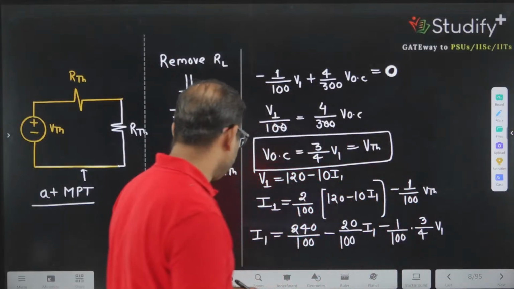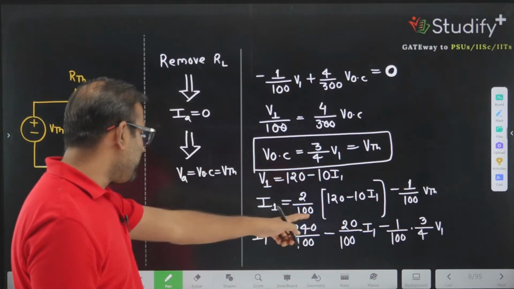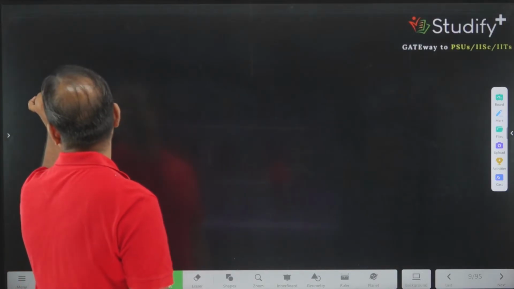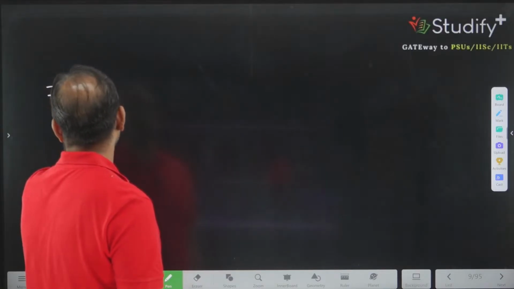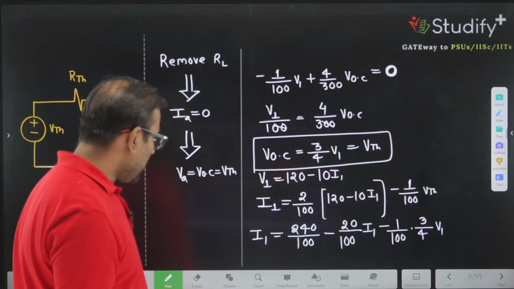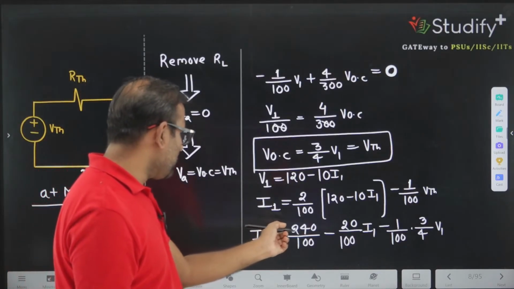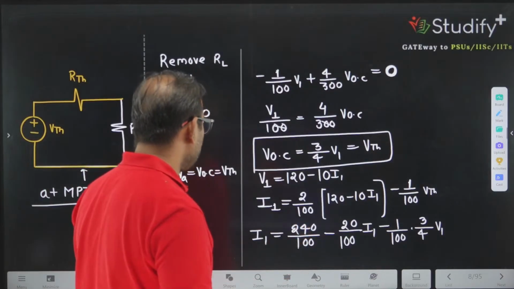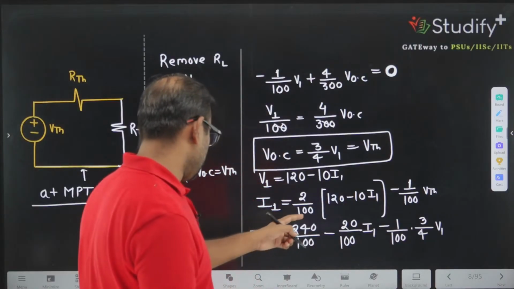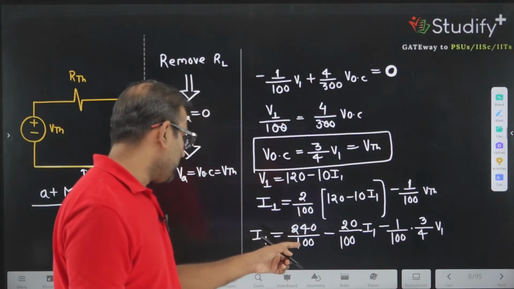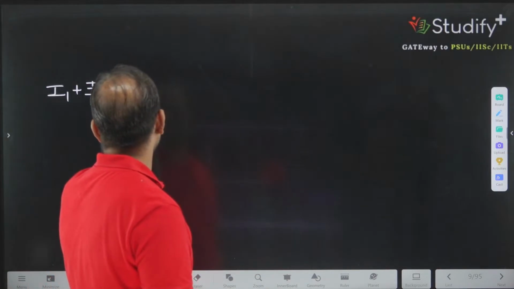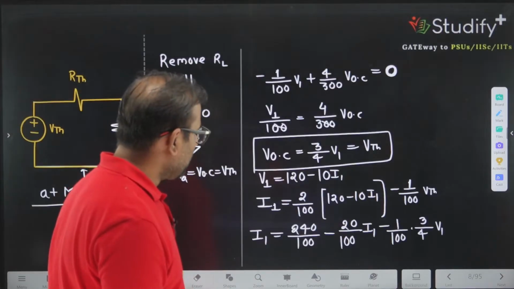So what is that relationship? You can say I1 plus I1 by 5 equal to, this is 1.2, this is 2.4 times, 2.4 minus 3 by 400.